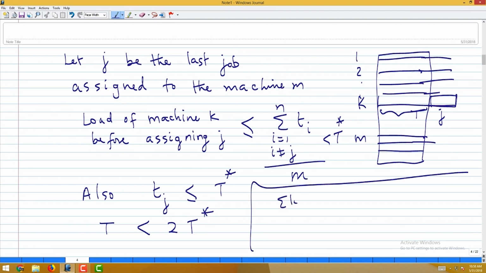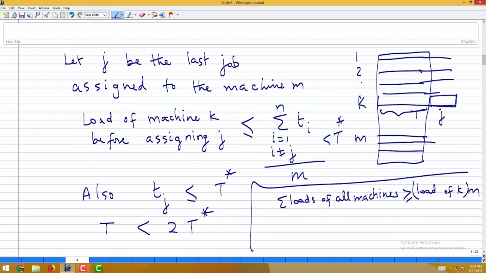The sum of the loads of all machines before j was assigned is greater than or equal to the load of K times m, because this is the least.